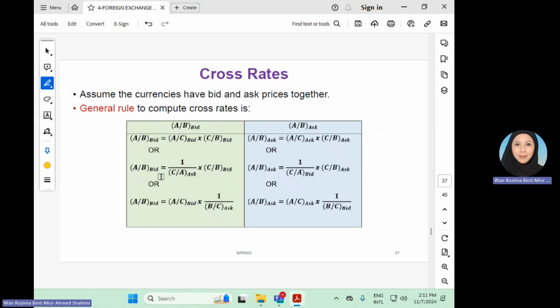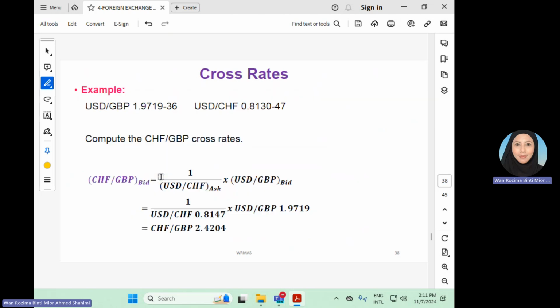Now, don't look at this formula. Okay, let's go for the example first. Example: you have bid price and ask price, am I right? So remember, you replace the last 2 digits.